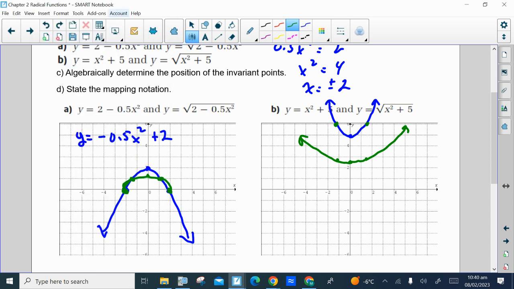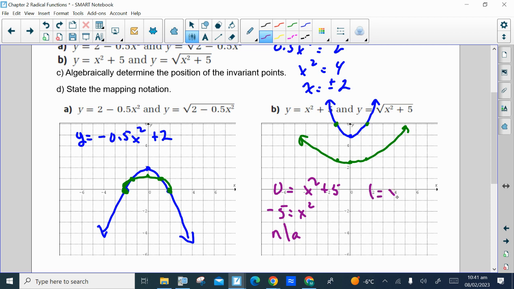So there are no invariant points, and we can show that algebraically by letting x squared plus 5 equal 0. If you subtract the 5 from both sides, you'll get negative 5 on the left, and you can't take the root of negative 5. So there are no x-intercepts there.